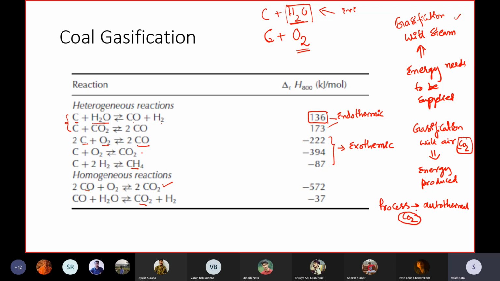So to make the process autothermal, that is without supplying any additional or external energy, how do they do it? They do the gasification with steam and air simultaneously.